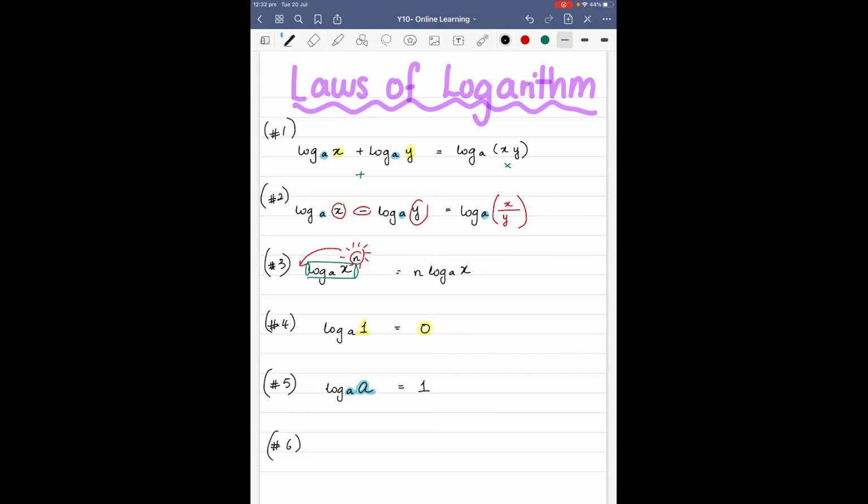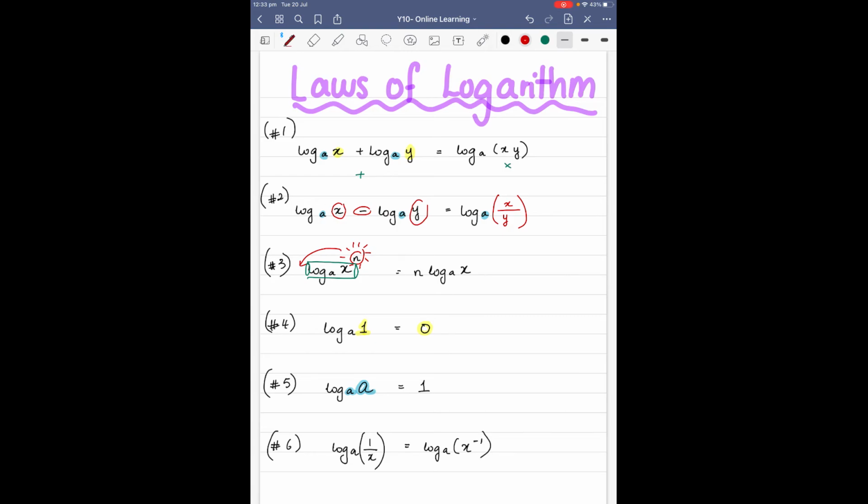Number 6, let's say we have log base a of 1 over x. It's not really a rule, it's just combining the different rules. First of all, we know 1 over x is the same as writing x to the power of minus 1.